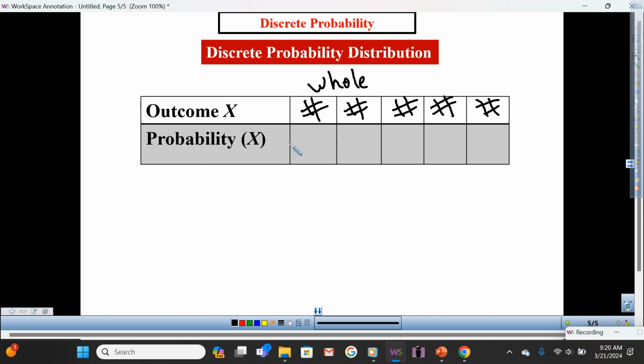However, the probability section is in decimals, or, that is correct, fractions. That's what discrete probability distribution looks like. Students, discrete probability distribution. It's a long term, but it means a table. Okay?